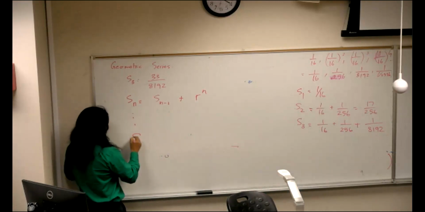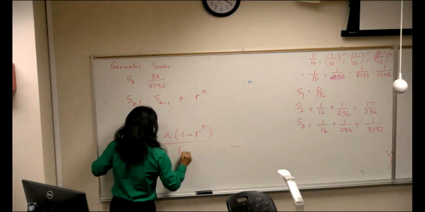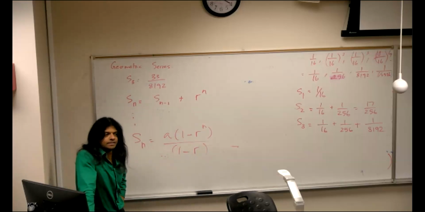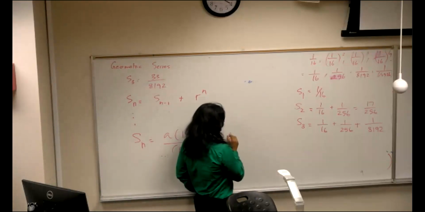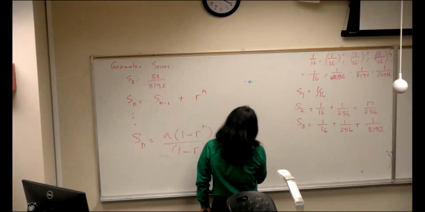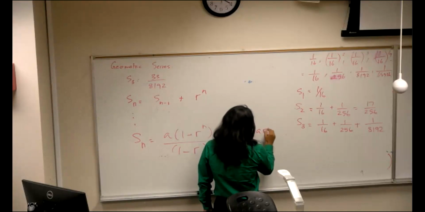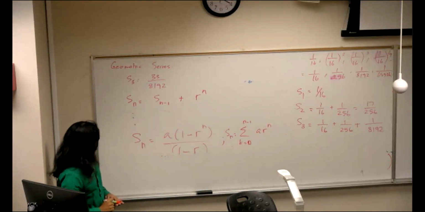You have a formula: A times 1 minus R raised n over 1 minus R, provided the series is defined in that manner, that sequence. Okay.